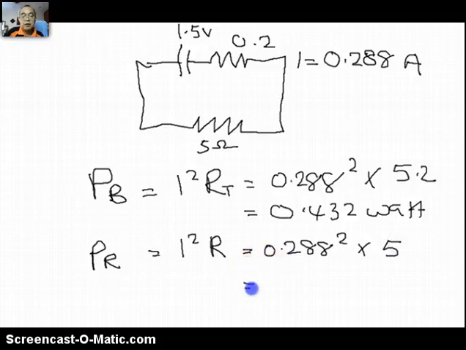Then you will have the answer 0.414 watts. Okay, we stop a while, and this is the total work of calculation for number 5.